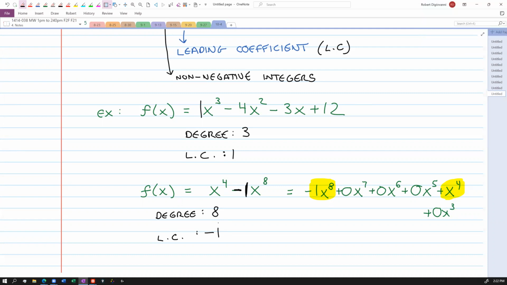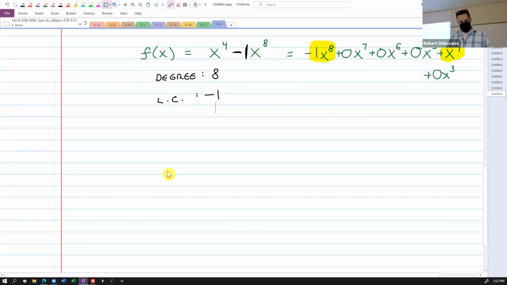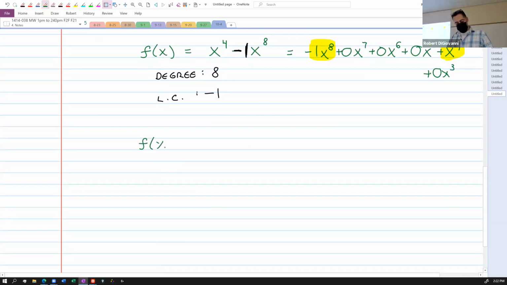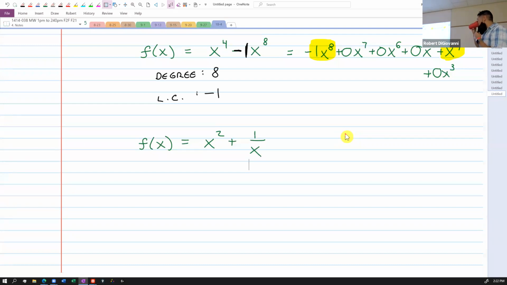Yes. I'll give you another one just to make sure we're all on the same page. What about this one? Is that a polynomial? Yes. How can I rewrite this?